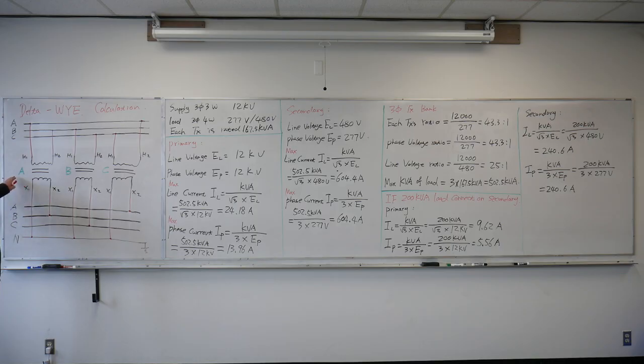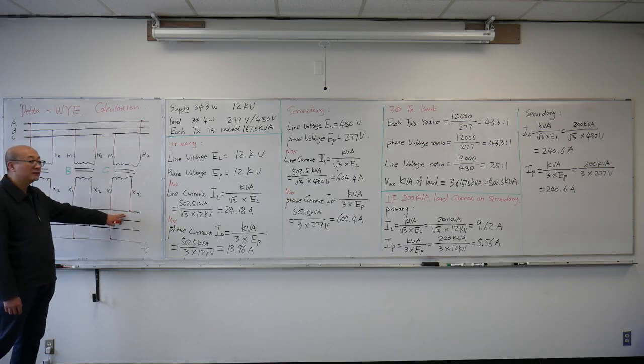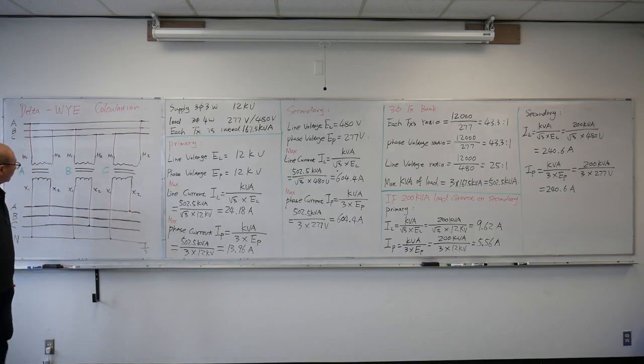Then for phase A transformer, X2 is actually connected on line B, and B phase X2 connects on line C, and the C phase X2 connects on line A. So we mentioned for delta Y transformer, X2 connects onto the same line as H2 for the same phase transformer.